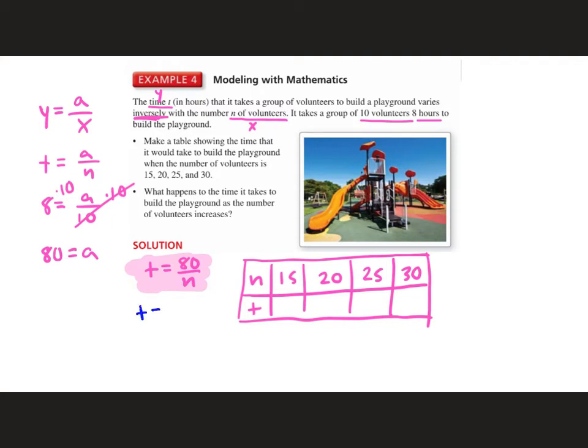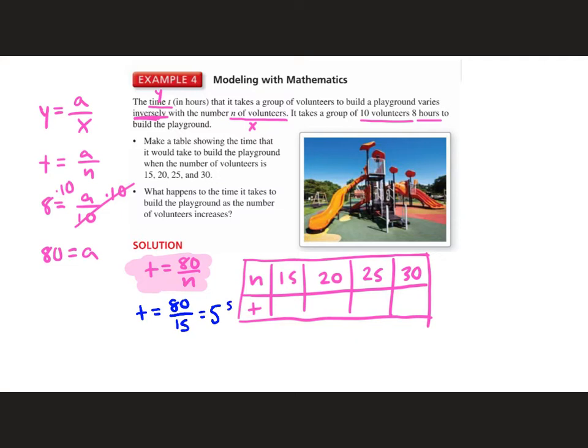We have t is equal to 80 over 15. What do we get for t? So 15 goes into 80 5 times with how many left over? 5.